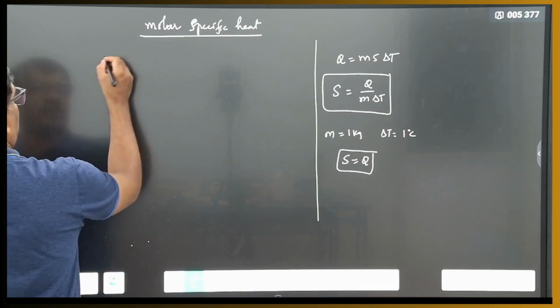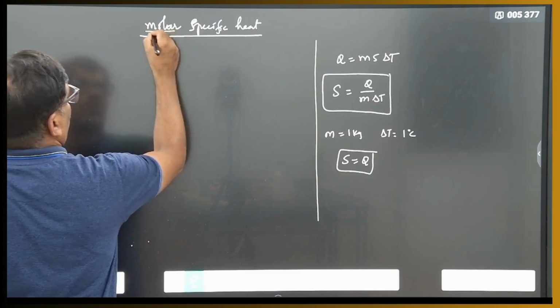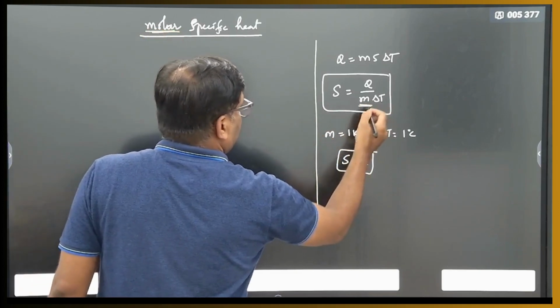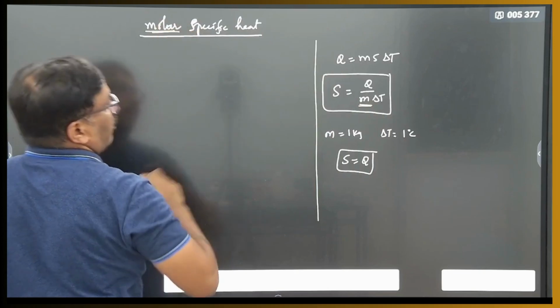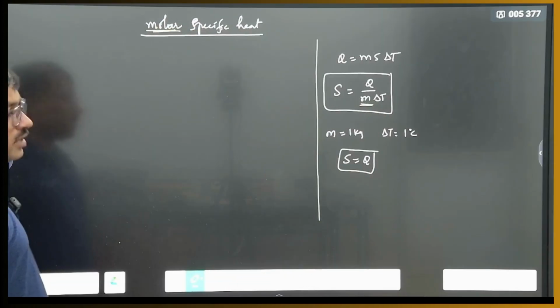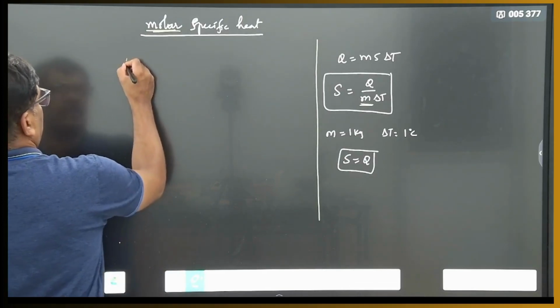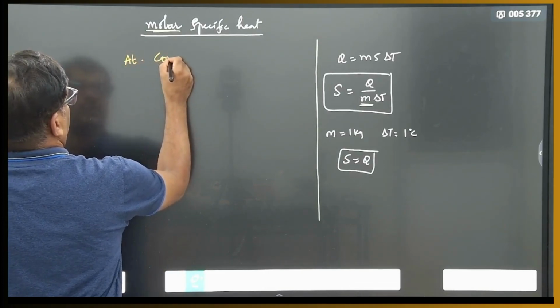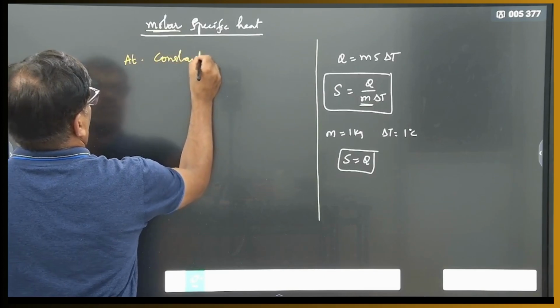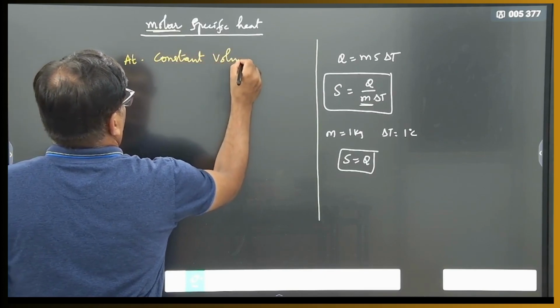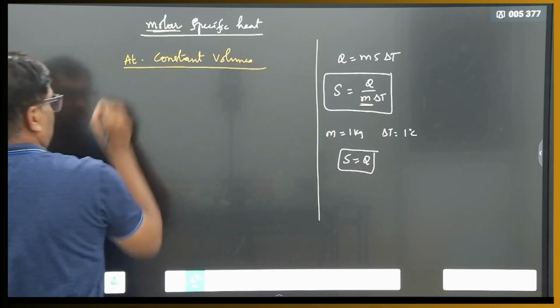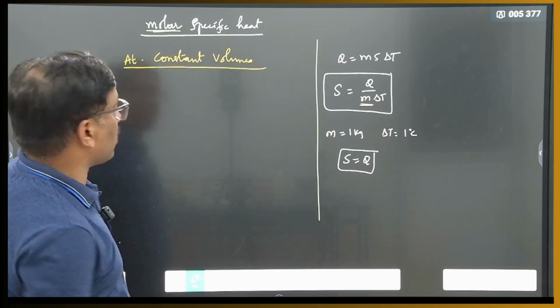Here for gases, we will calculate moles. So at constant volume, that means we are heating the gas by keeping the volume constant.